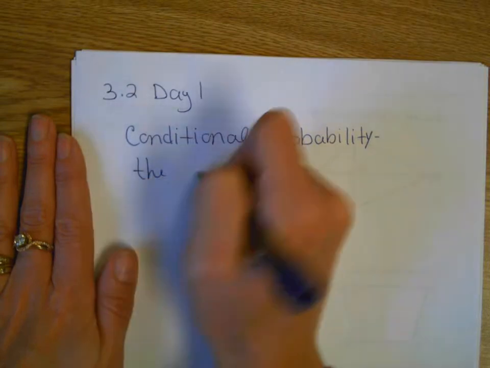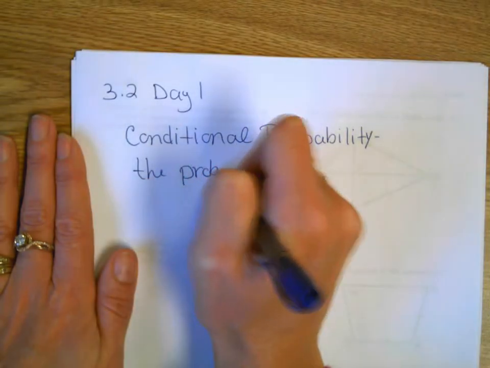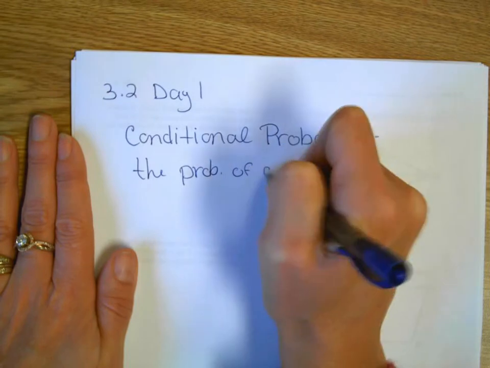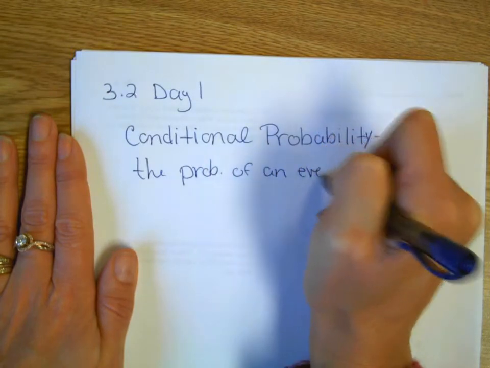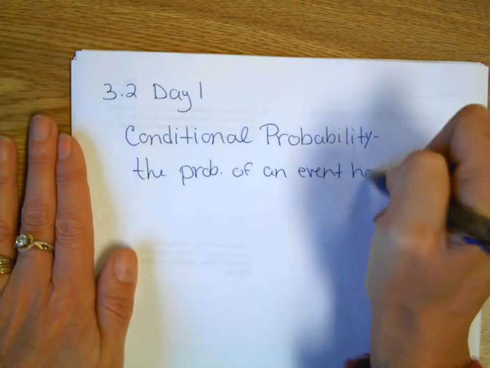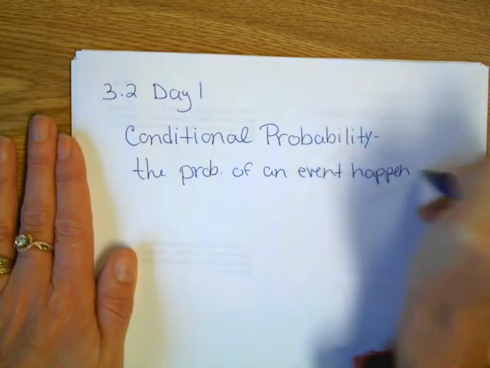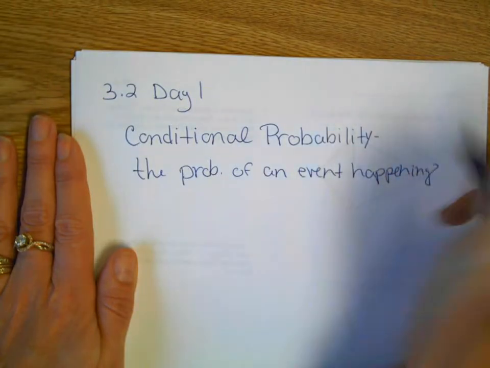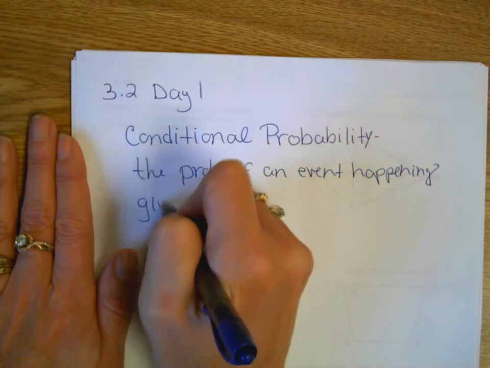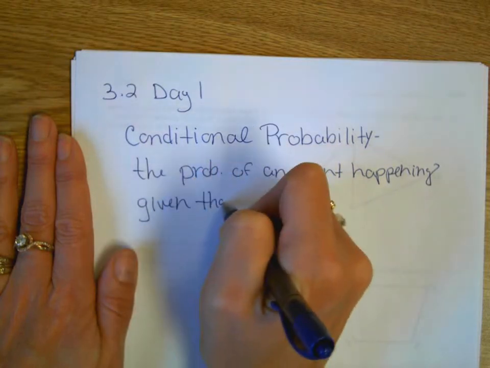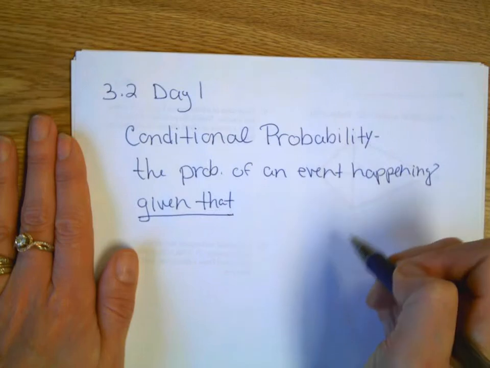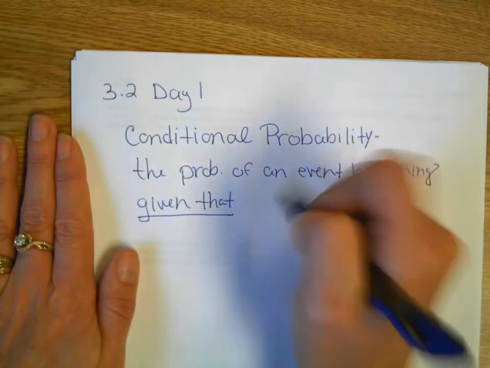Here it's the probability of an event happening given that a condition has occurred.